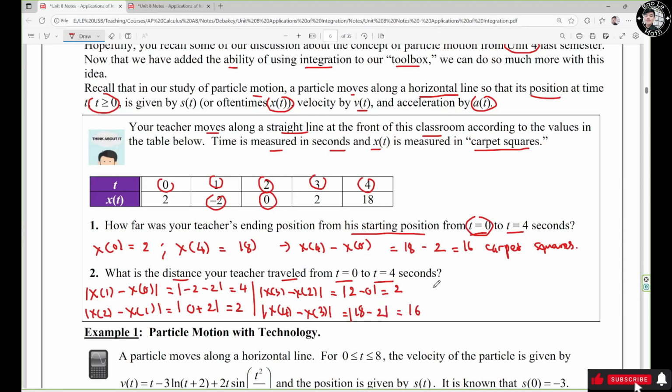Now you're going to add all of these up. So it's going to be 4 and 2 and 2 and 16. The answer is 24 square units.